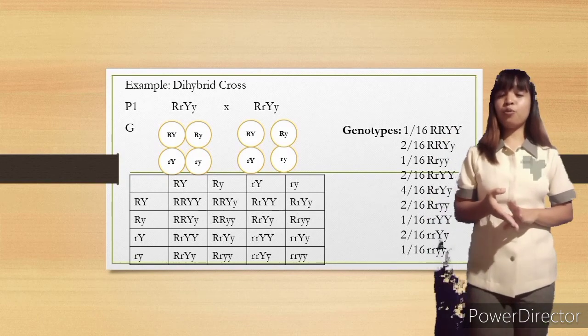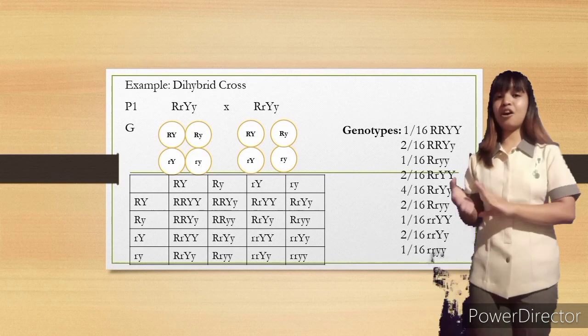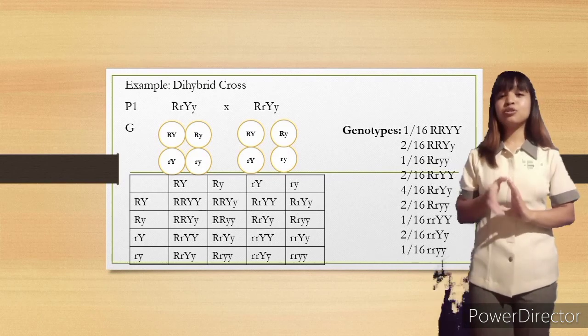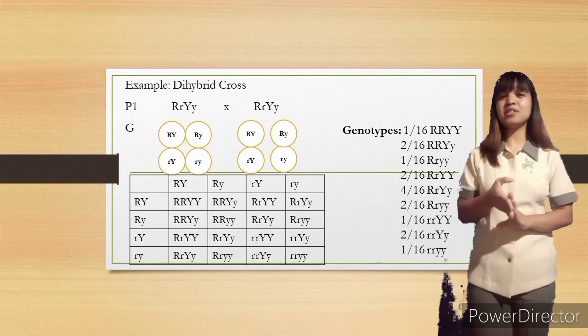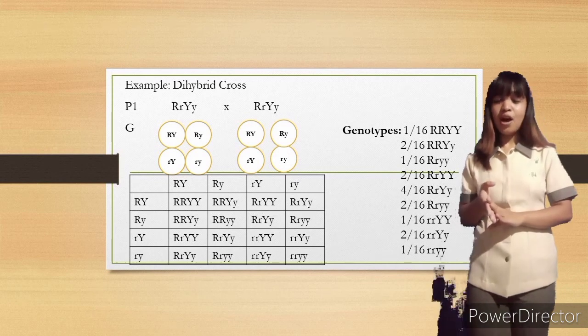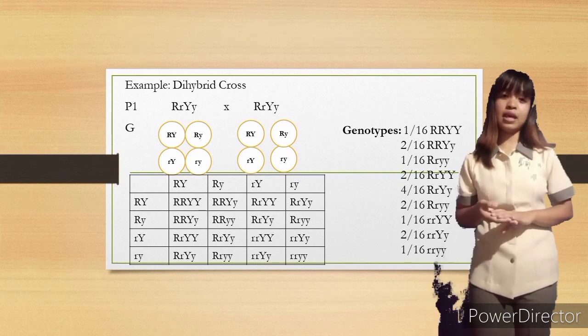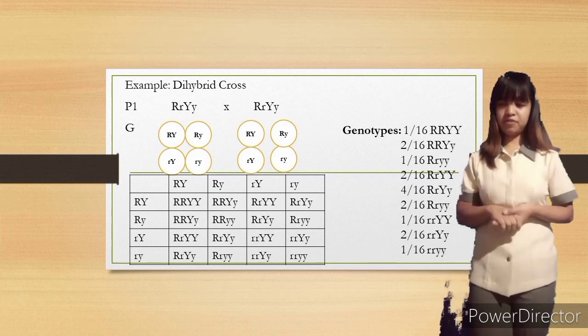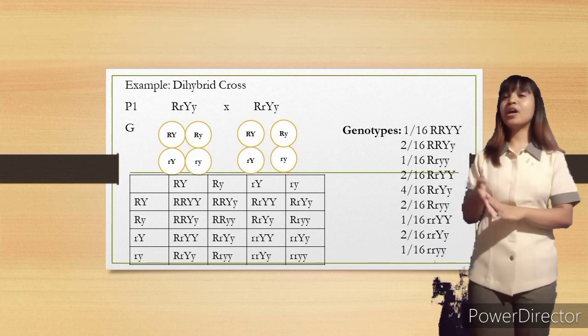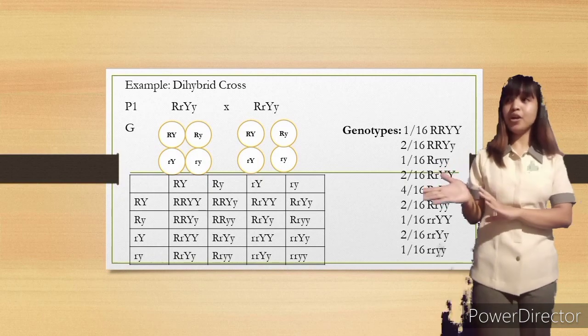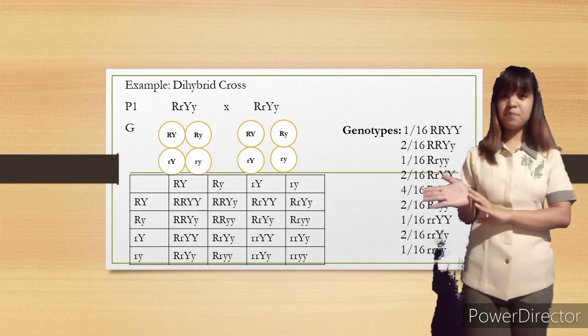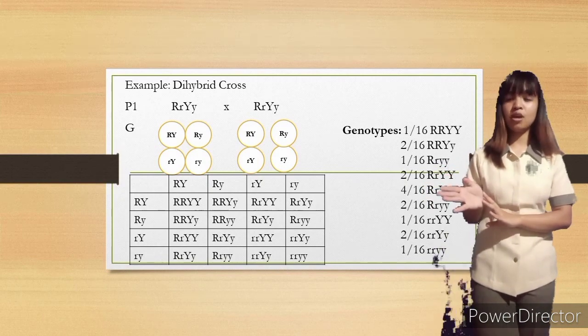The gametes of one parent are also the same as those of the other parent. As usual, we have to place these gametes into the designated areas, and after that we cross them to determine the offspring. So here is the Punnett square, and here are the genotypes of this cross.